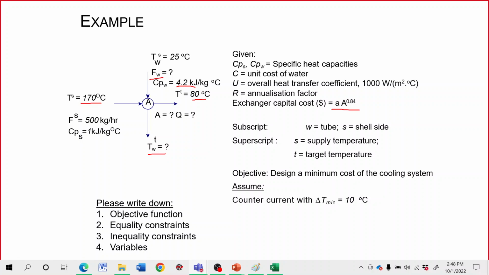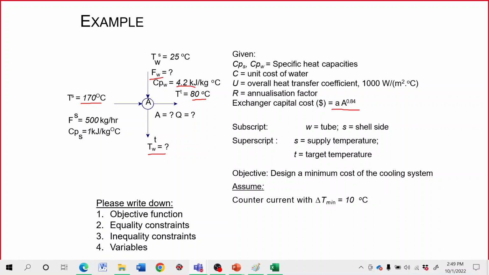Okay. Right. So basically, based on the data that we have, the cost of water, which we don't know how much the flow rate of the water is, but for sure it costs money, and we don't have the heat exchanger right now, which we want to design. Designing the heat exchanger also costs money. So the objective function in this case is obviously we want to minimize all of these costs together.